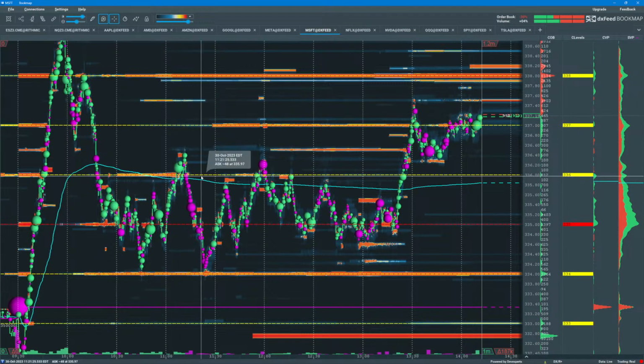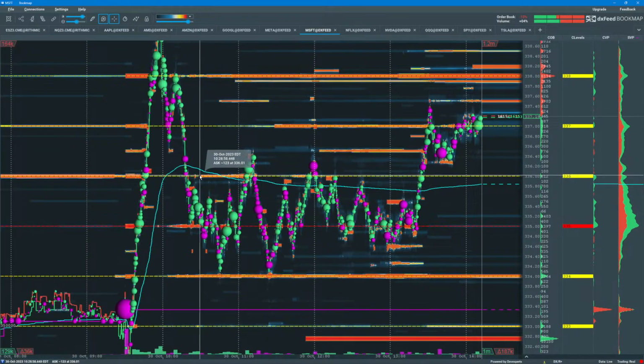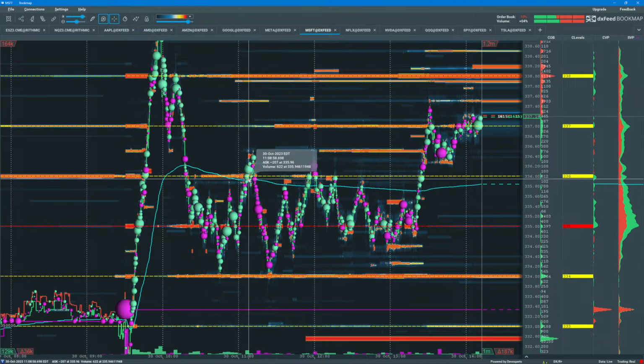Very bullish morning in Microsoft. Sharp jump higher from right around the 333 level all the way to 338.